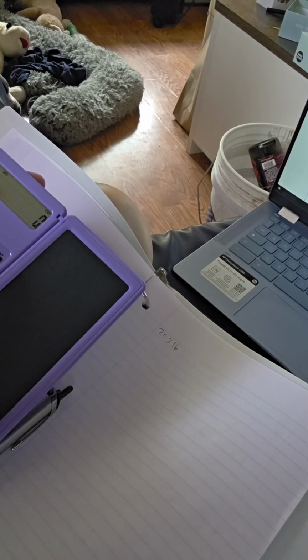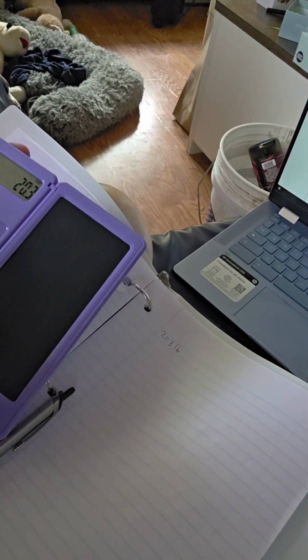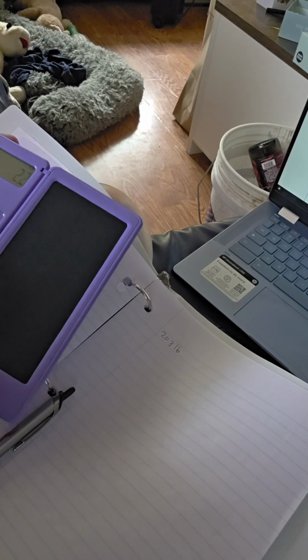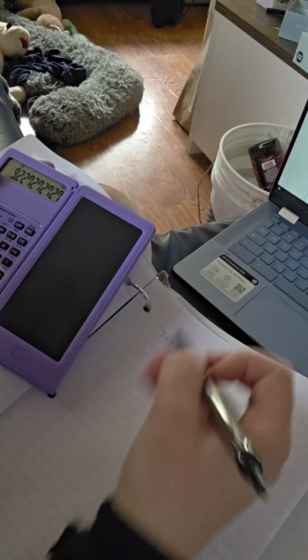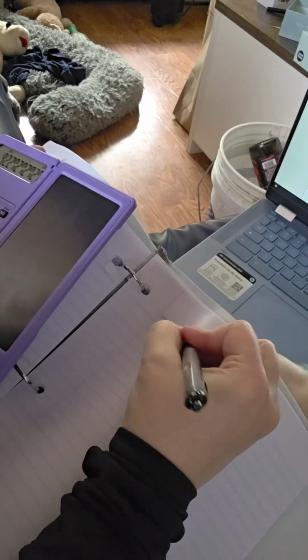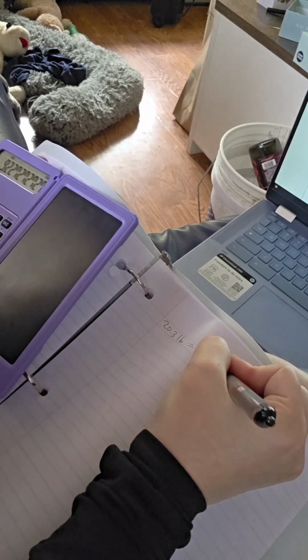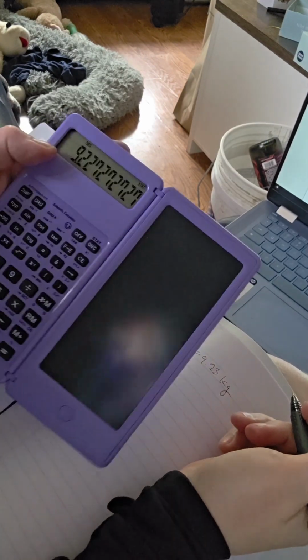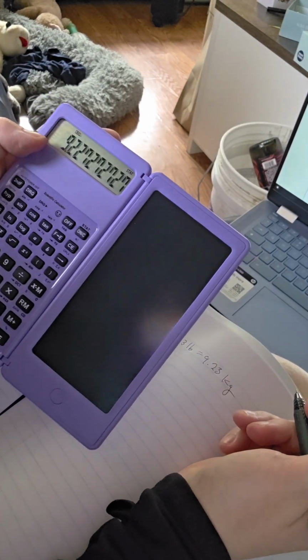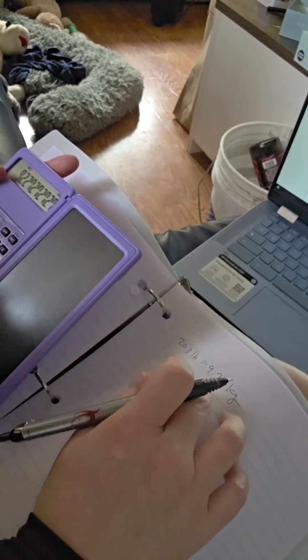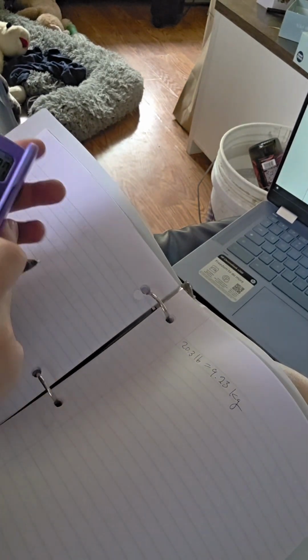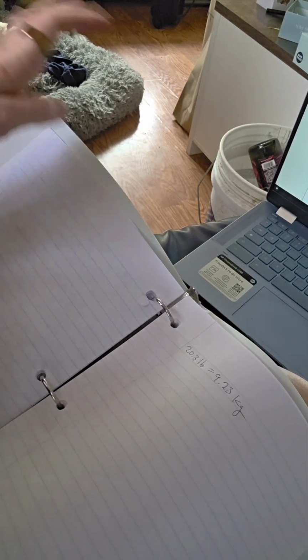So we're just going to do 20.3 divided by 2.2 equals 9.23 kilograms. This is really like 9.2272, but we're going to round to the nearest hundredth. 9.23 kilograms.